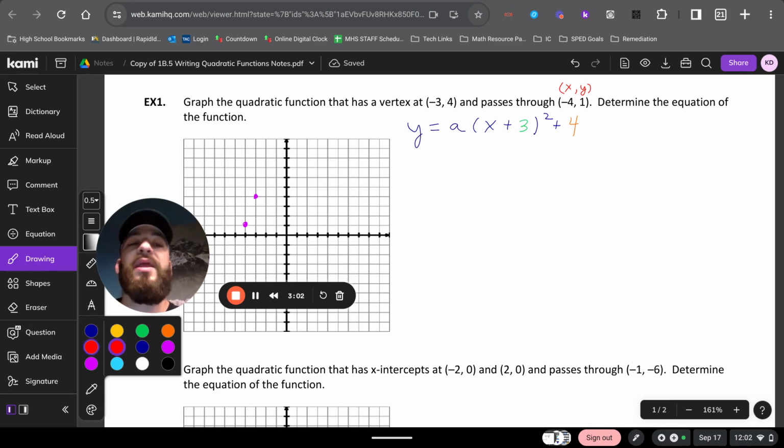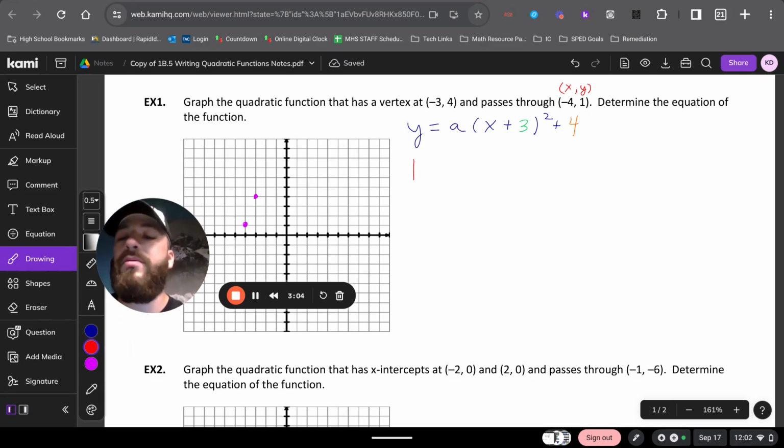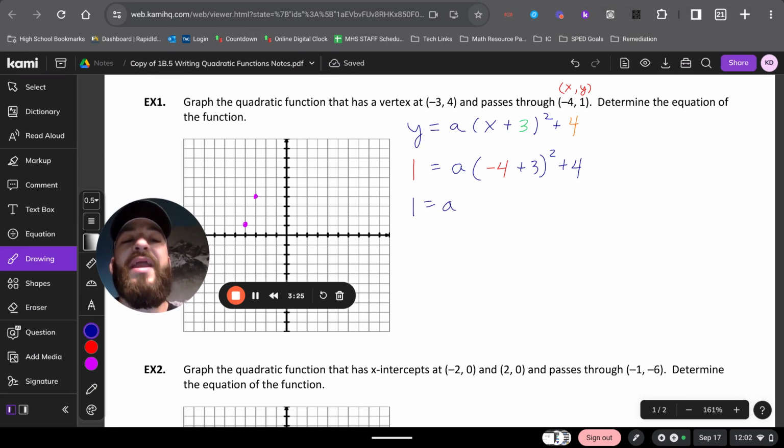So if I plug in 1 is equal to a, and then plugging in -4, plus 3 squared, plus 4. From here, I can just simplify and I can solve for that a value. So 1 is equal to a times -4 plus 3, which would be -1 squared, and then plus 4.